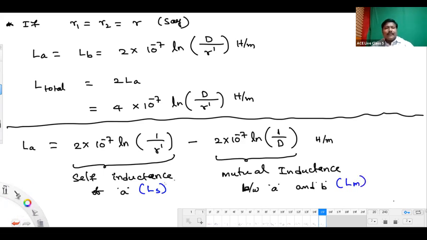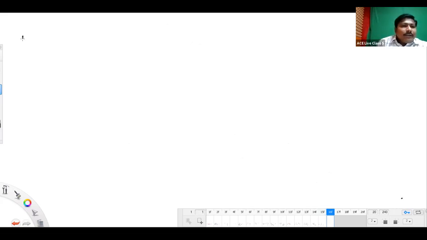Observe now, self-inductance is proportional to ln of 1 by R dash.